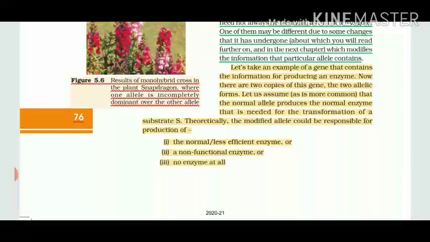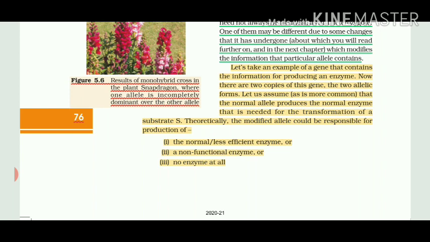In the case of an enzyme, theoretically, if the allele is modified, what will it be responsible for? Either it can show a normal or less efficient enzyme, a non-functional enzyme could also result, or it will never produce any enzyme activity. So if there is any change at the genetic level, the enzyme will also change. The functioning of the allele will also suffer from it.